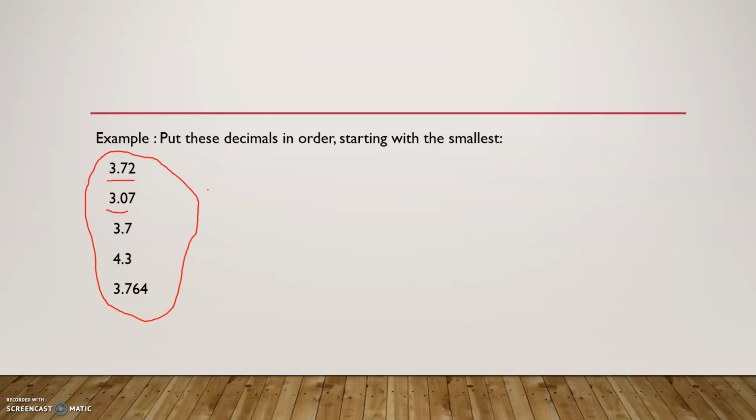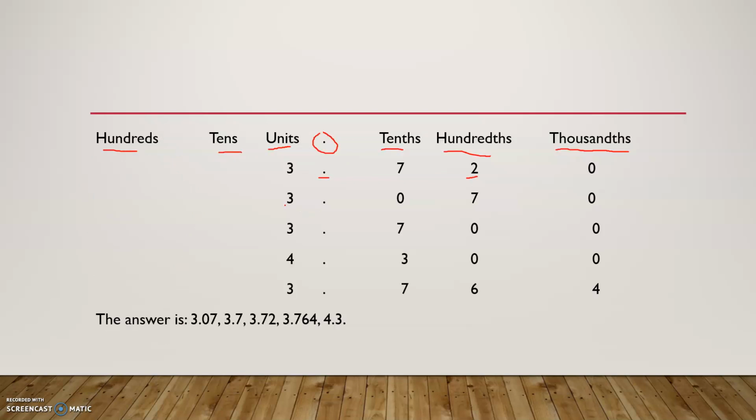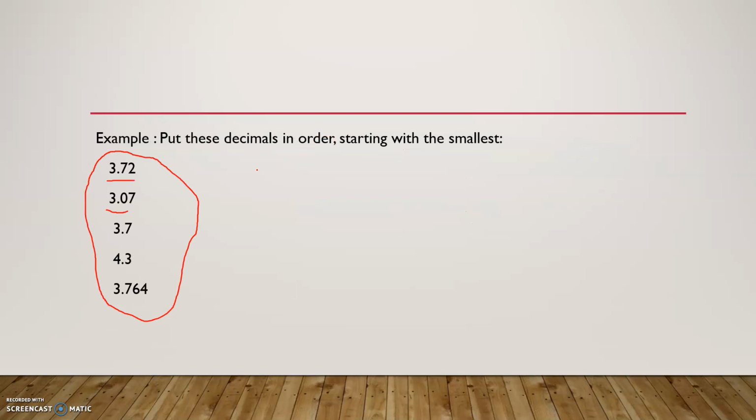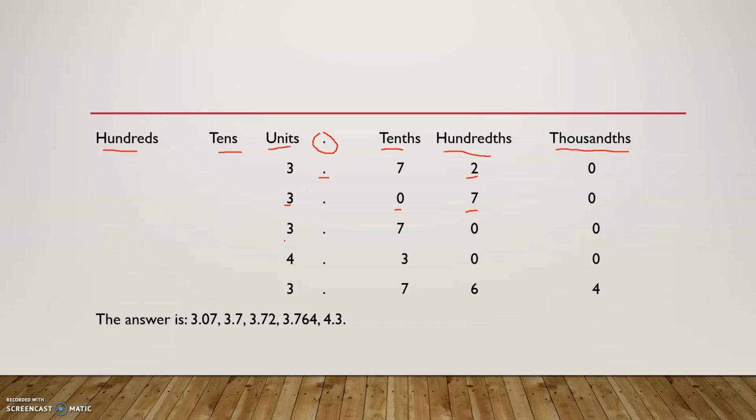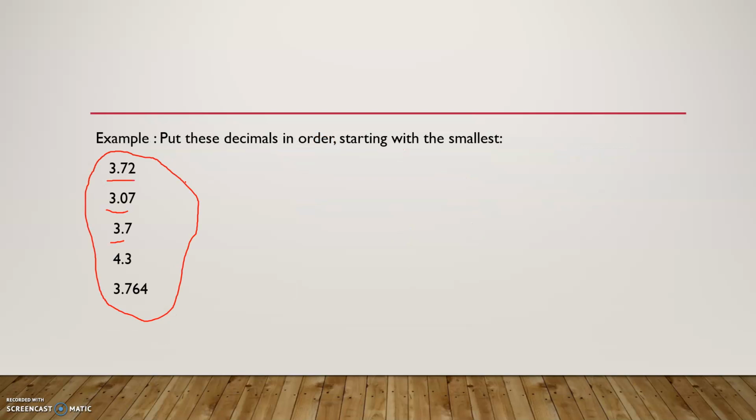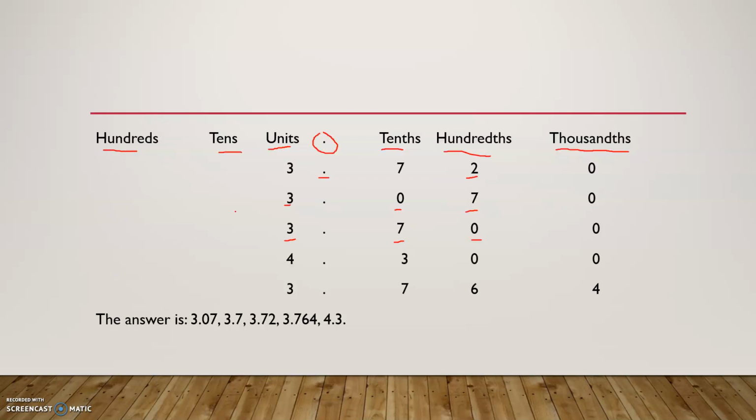Next one, which is 3.07, so we put 3 under units, 0 under tenths, 7 under hundredths. After that we go 3.72, so we put 3, 7 under tenths, and 0, 2. 4.3, so 4 units, 3, and then 0.